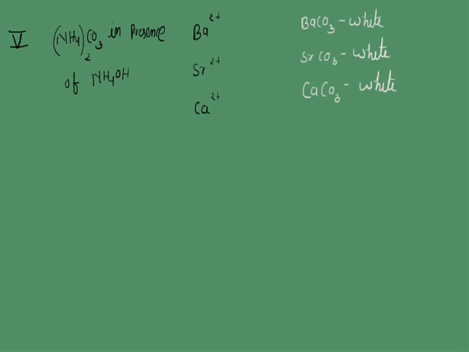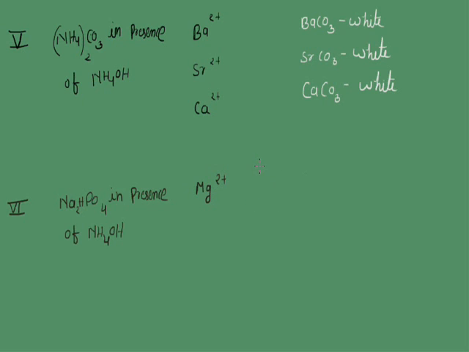Now we will discuss the sixth group. In the sixth group, the group reagent is disodium hydrogen phosphate in presence of NH4OH. In the sixth group, we are placing the radical magnesium, Mg 2 plus.